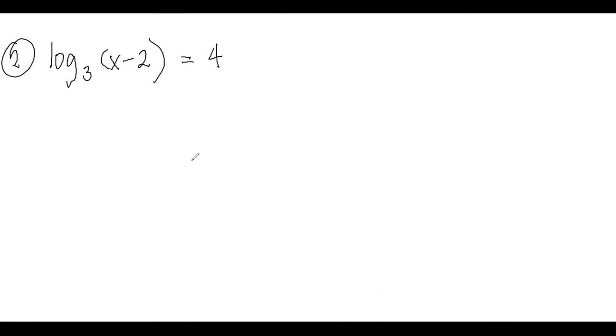So, anong gagawin natin? Kapag isa lang yung may logarithm, all we have to do is to rewrite this as exponential equation. Kapag isang side lang yung may logarithm class, gagawin natin siyang exponential equation.